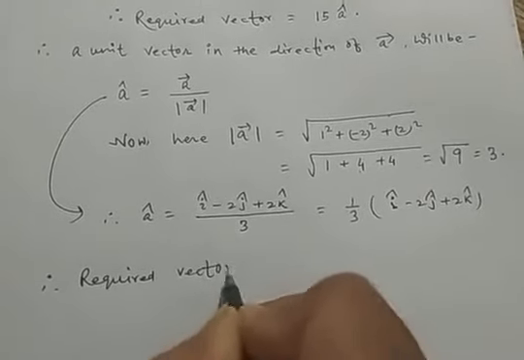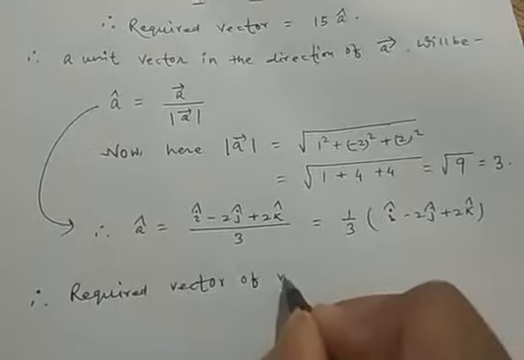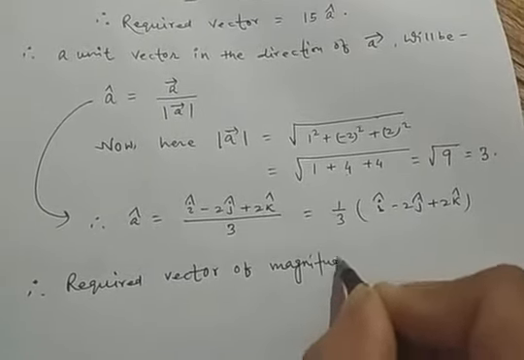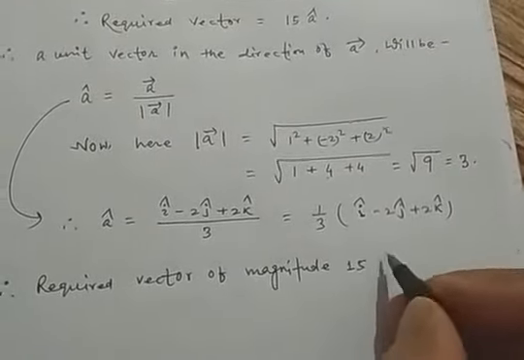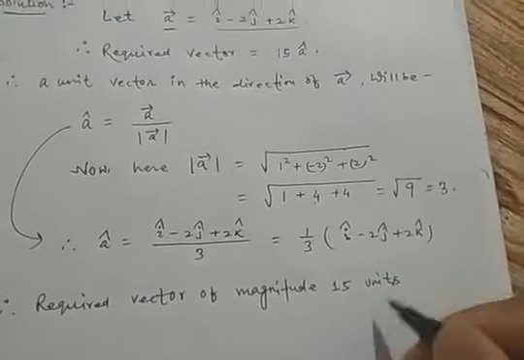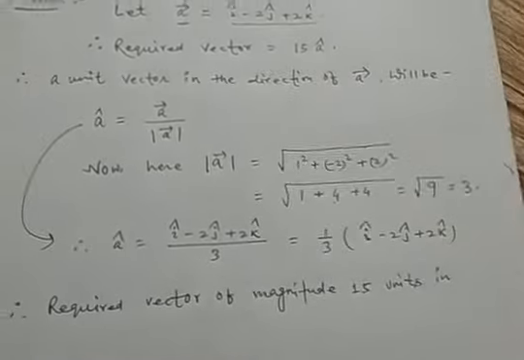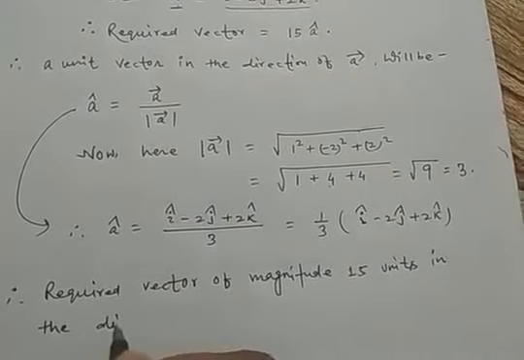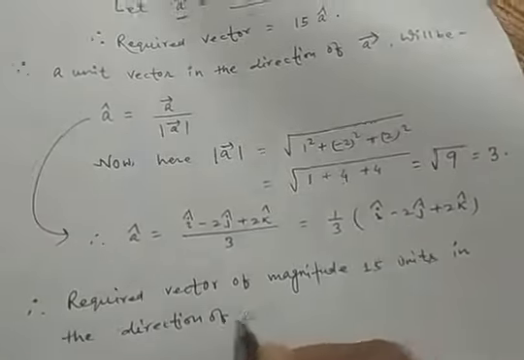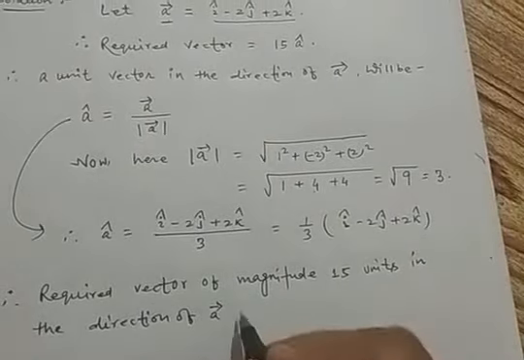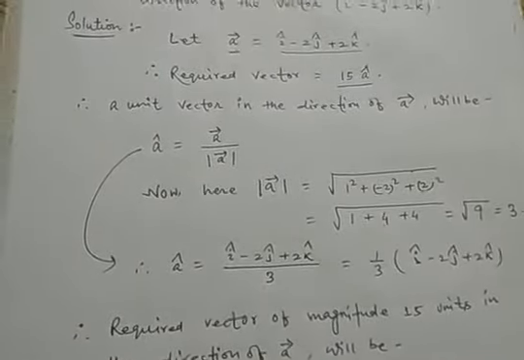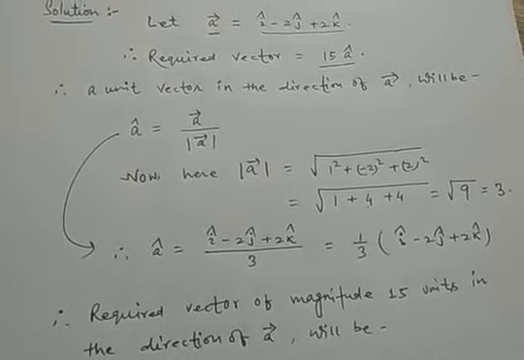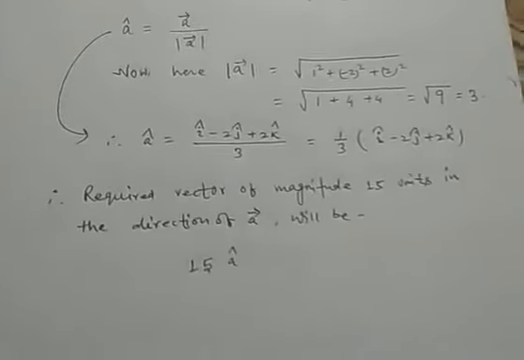So therefore the required vector of magnitude 15 units in the direction of vector A will be 15 A cap.